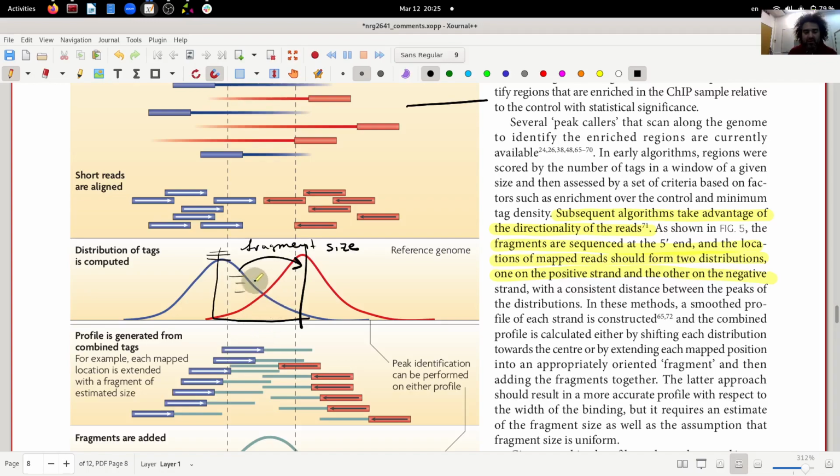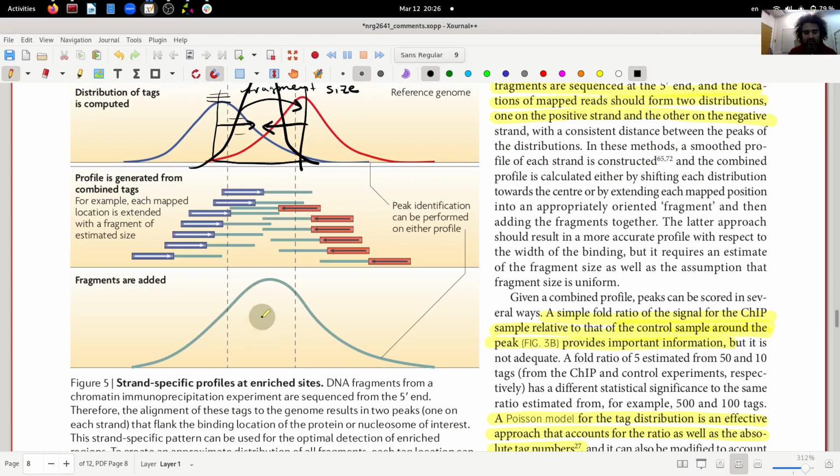So in the beginning it looks for regions that have this profile, it compares them to the input in order to be sure that we have more reads in the immunoprecipitated file compared to the input, and then it shifts these fragment size half units on the right and this fragment size half units on the left, and makes a big peak from these two, like this one.